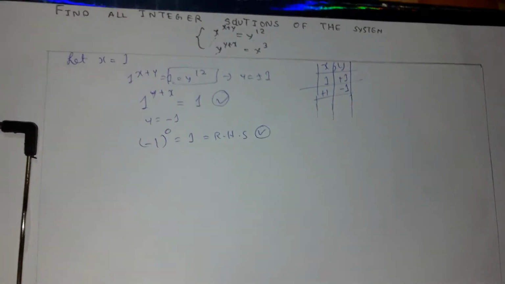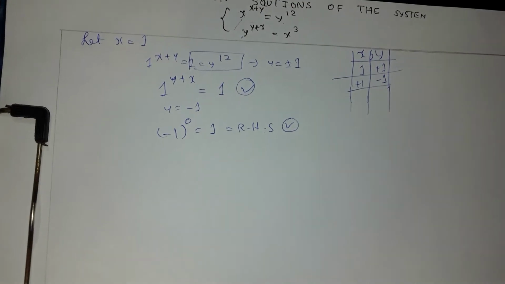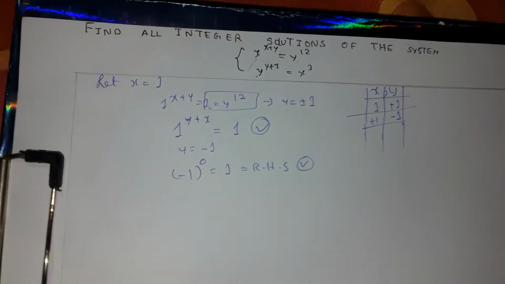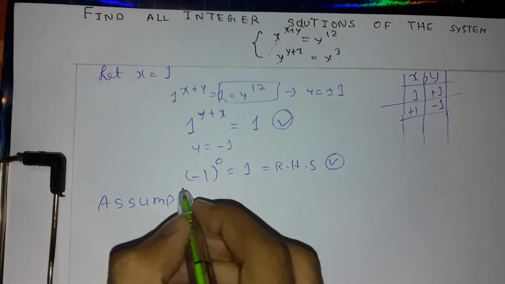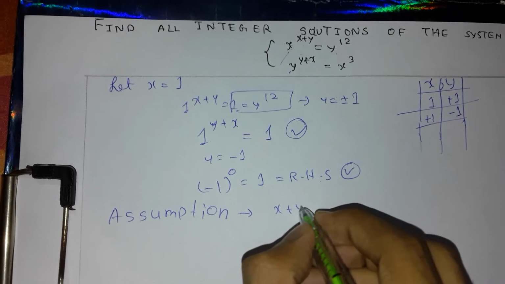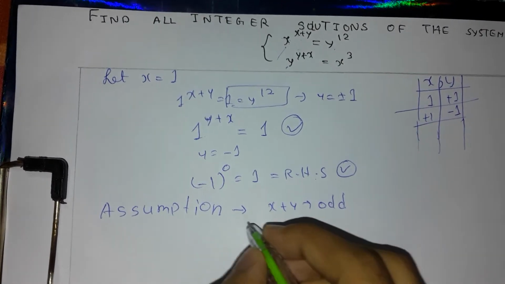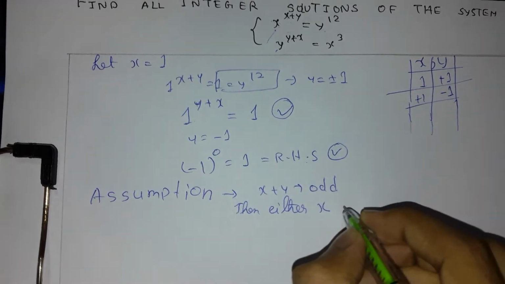Now I moved forward and found some hints. Sorry for my pronunciation. The assumption is that x plus y is odd. Then either x or y is odd.